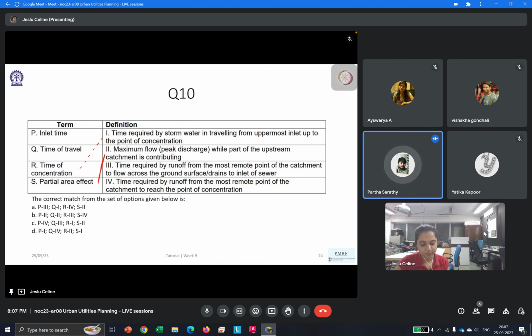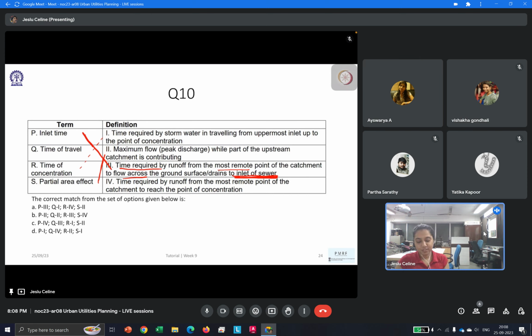Ma'am, I think that is inlet time. Yes, because it's the time required from the most remote point to flow across the ground to the inlet of the sewer. So that is inlet time, correct. Now comes the last one: time required by runoff from the most remote point of the catchment to reach the point of concentration. Time of travel.